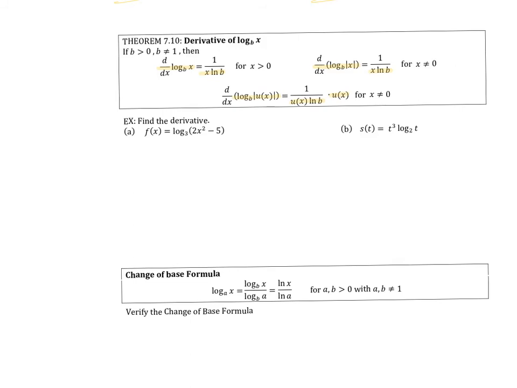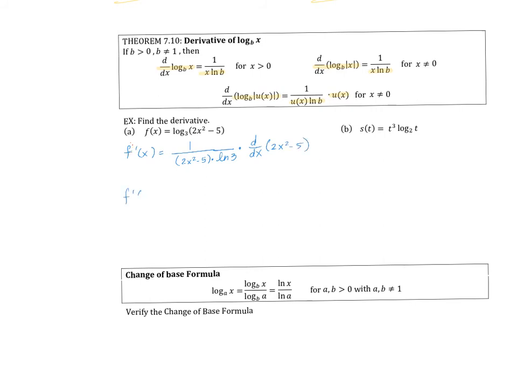So let's find the derivative in the next example, part A. So the derivative of our function is 1 over the argument, right, which would be 2x squared minus 5 times natural log of the base times, and this one involves chain rule, the derivative, I'll write it out, with respect to x, of 2x squared minus 5.